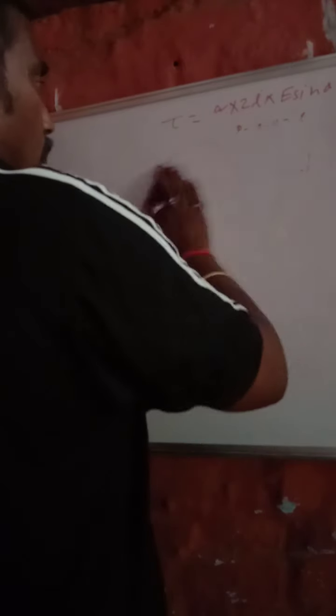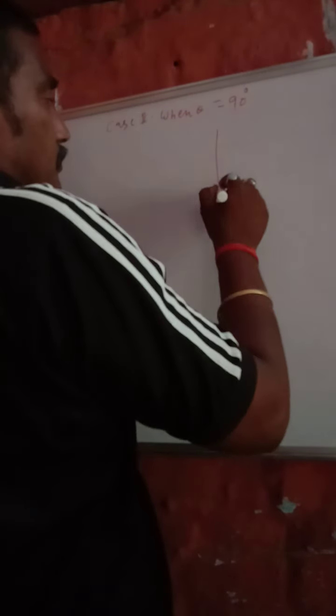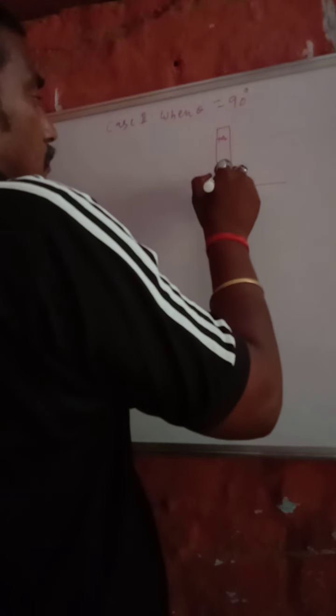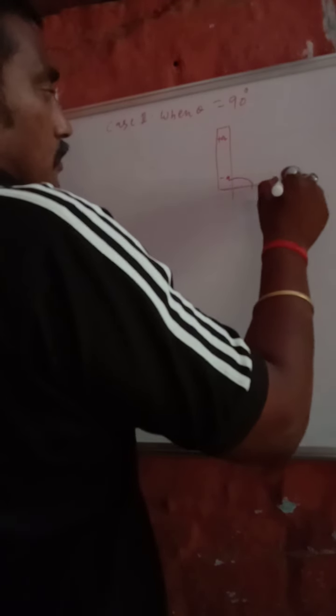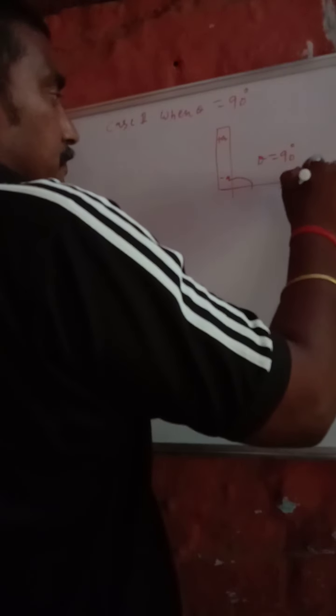The electric dipole moment in terms of torque also follows three cases. Case 1, when theta is equal to 90 degrees, plus Q and minus Q placed in the electric field, then theta is 90.